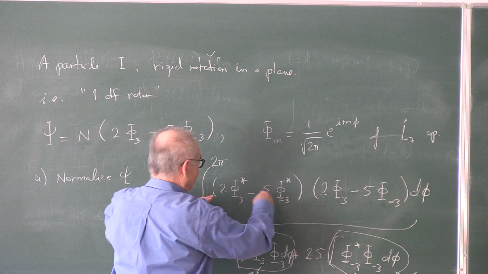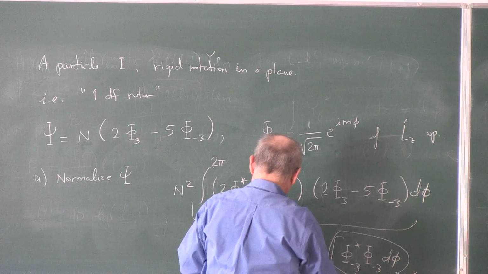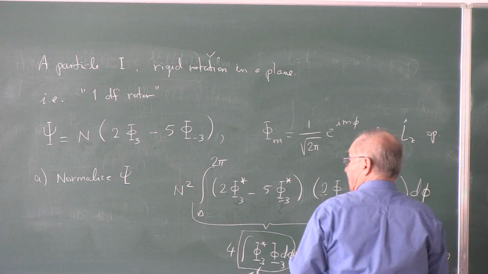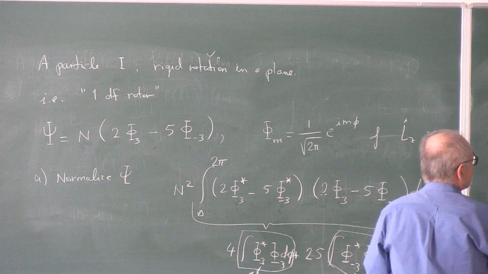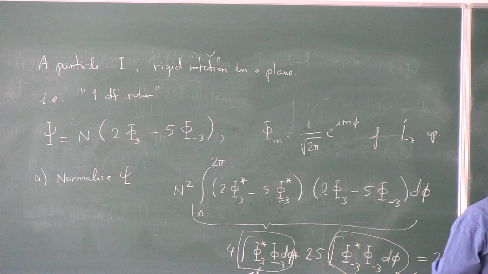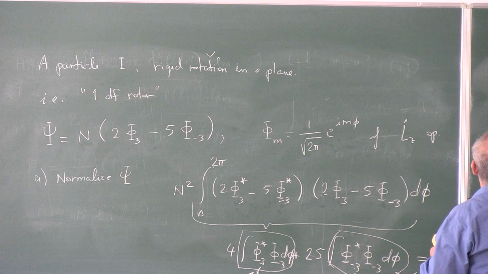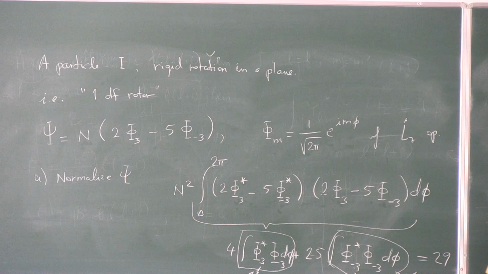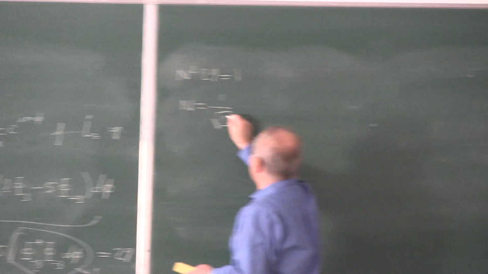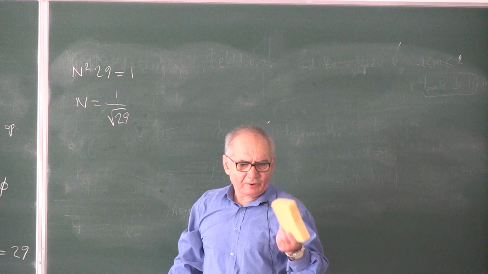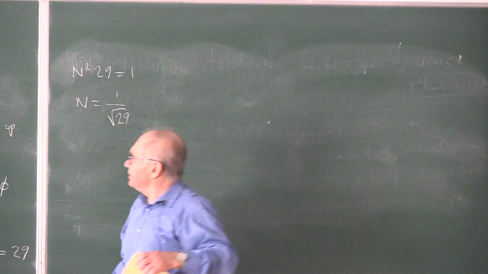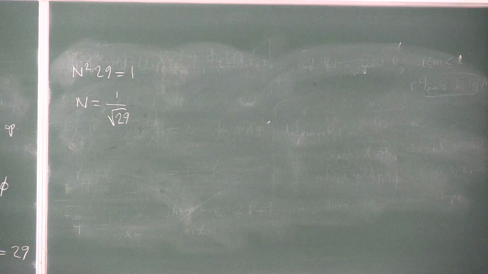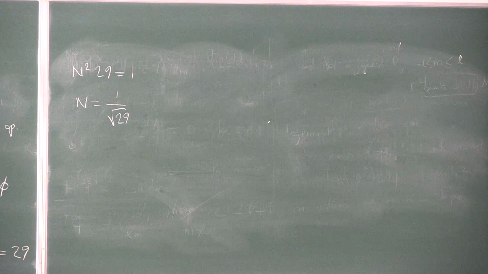Therefore, the value of this integral is 4 plus 25, 29, and so we have n squared times 29 equals 1, which means n is 1 over plus or minus square root of 29, and as a convention, we take the plus sign. N is 1 over square root of 29.